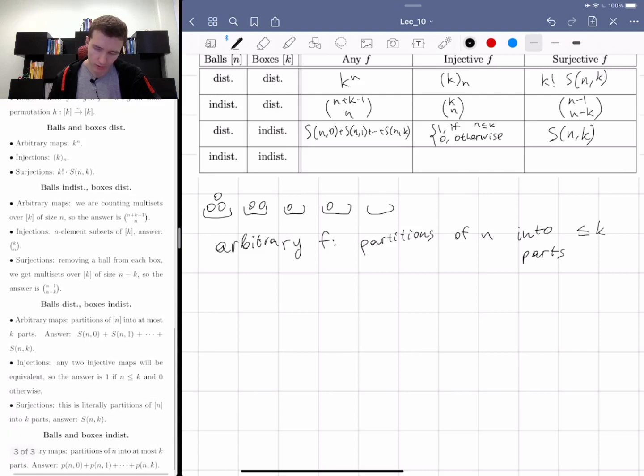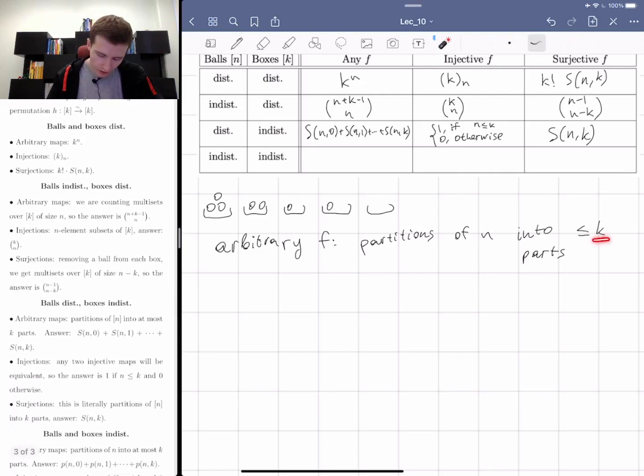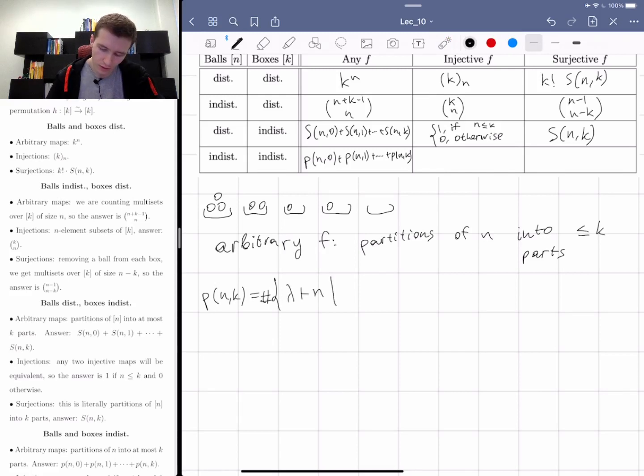We denoted, if the number of parts would be exactly k, then that would have been p of n comma k. But similarly to Stirling numbers, we get p of n comma 0 plus p of n comma 1 plus etc. plus p of n comma k, where p of n comma k is the number of partitions lambda of n such that their length is exactly k. That's a reminder from last lecture.